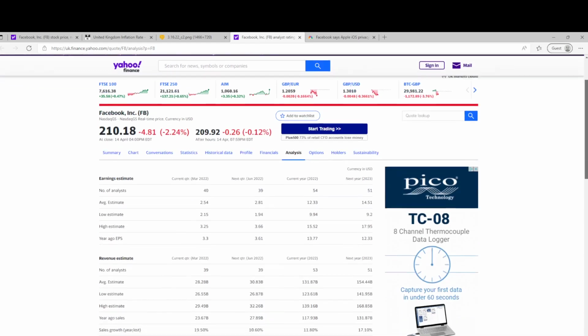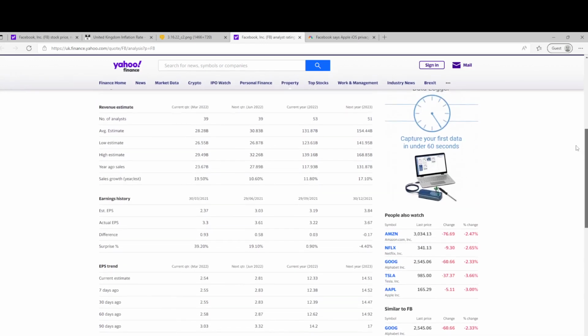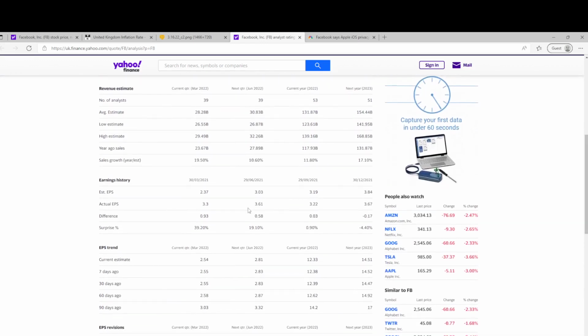those projections down. So 90 days ago, people were projecting $14.20 earnings per share for Facebook, based on previous earnings and what they see as upcoming.